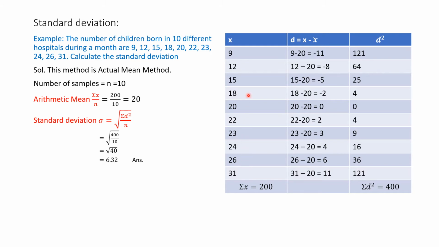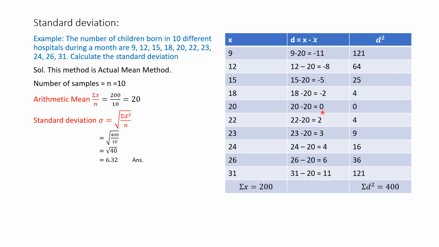This total of the data, sigma x, is 200, divided by 10 is equal to 20. And from these values we subtract this average or arithmetic mean. Therefore 9 minus 20, and we have calculated this data.